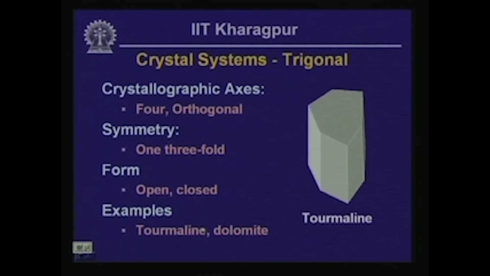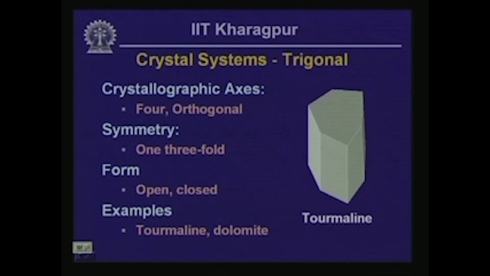Next one, we have got trigonal crystals. Here we have got 4 sets of axes, and the four axes are going to be orthogonal to each other. The symmetry requirement in this case is that you need 1 3-fold symmetry.